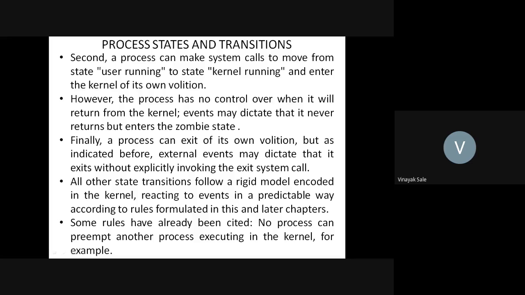Another state transition flow is a rigid model encoded in the kernel, reacting to events in a predictable way according to rules formulated in this and the later chapters, that is, the sixth and seventh chapters. Some rules have already been cited, that is, no process can preempt another process executing in the kernel.